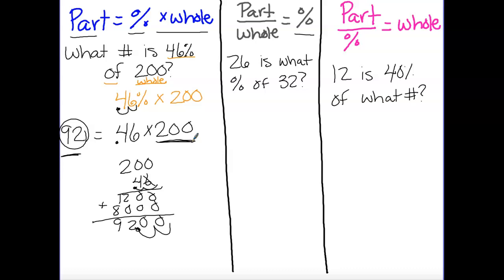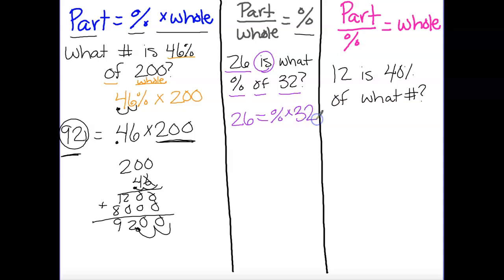On the second example, 26 is what percent of 32? Our keywords are 26 is what percent of 32? Okay, so 26 is means equals. What percent? We don't know that. Of means to multiply.